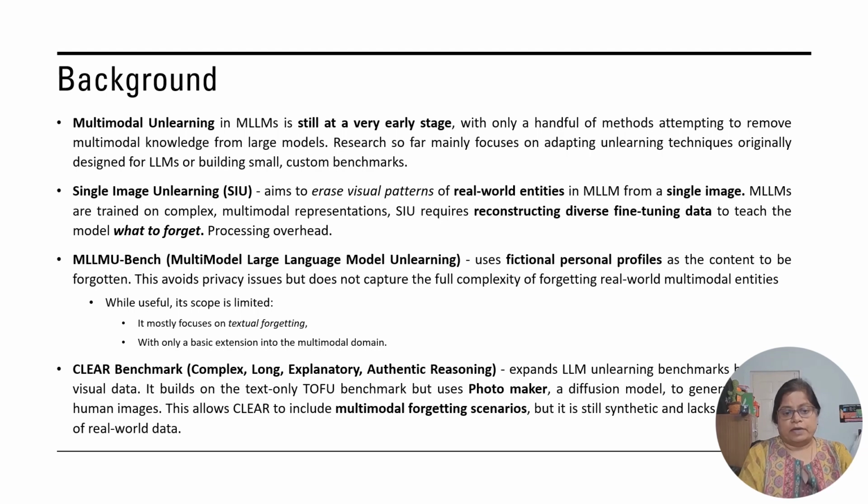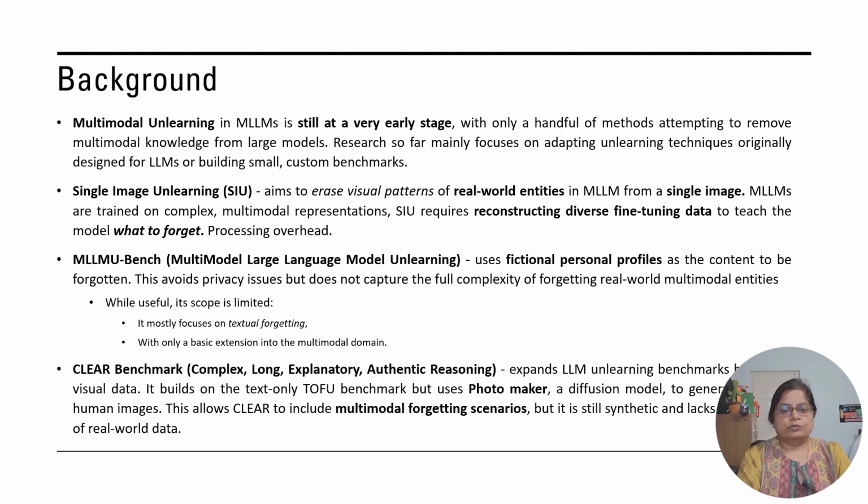So this is how it identifies what is to be undone, and it is completely textual based. Another benchmark available is the CLEAR benchmark. It has long explanatory textual context, or rather a chain of tasks, which helps generate the images, and they are completely fictional.